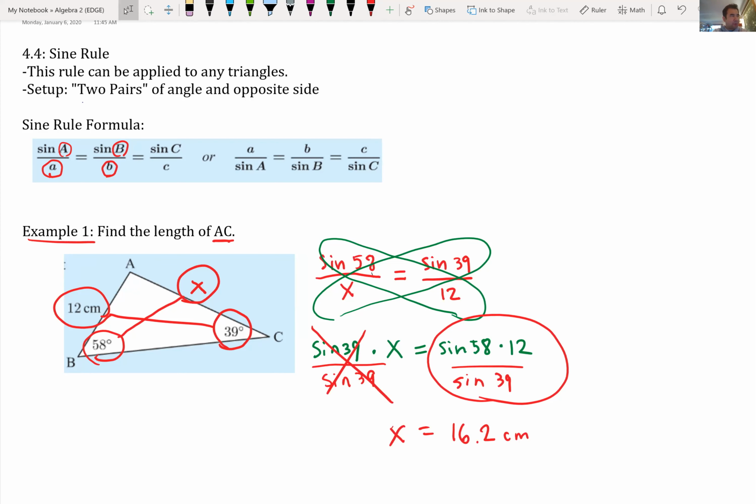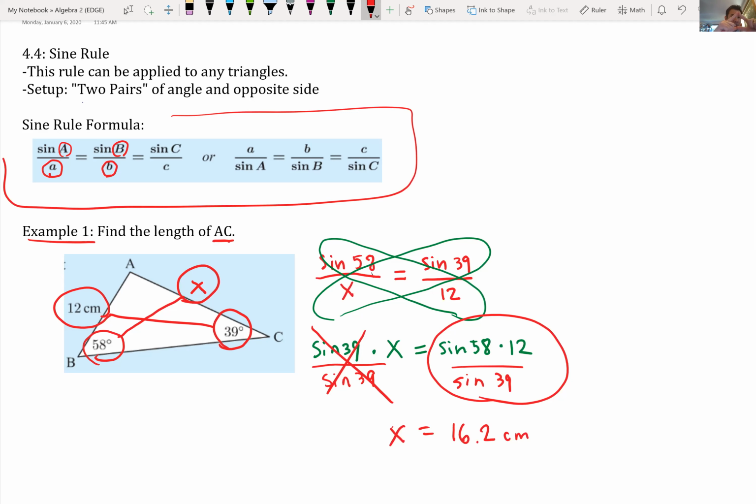Does anybody have any questions? I don't know if anybody is wondering why there are 3 fractions in the formula. The reason is that you only need to use 2 angles and 2 opposite sides to solve.